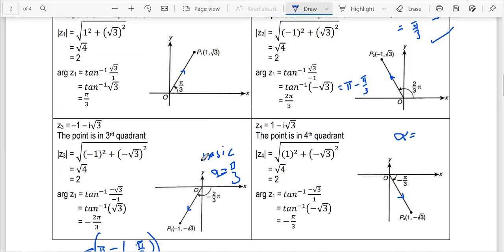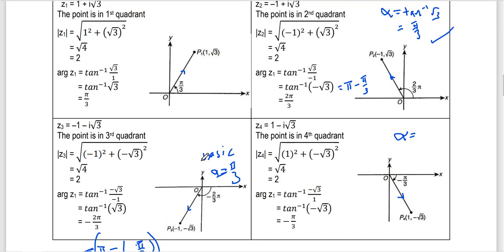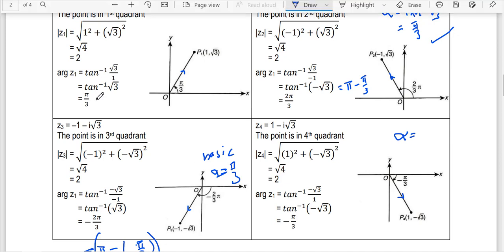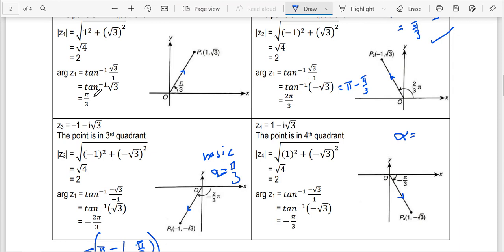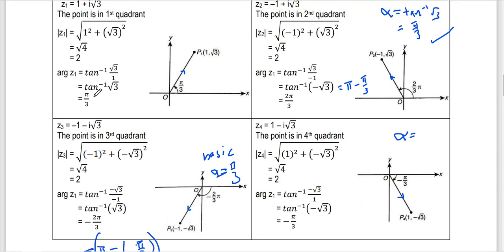If you get like 30 degree, 40 degree, the whole number, you can automatically divide by 180, then you get a fraction form, then you put the pi at the side, no need to times, because you no need to put in decimal place. The answer will be more accurate.